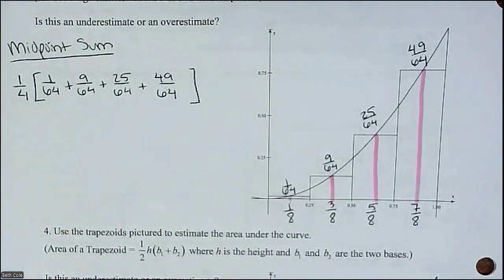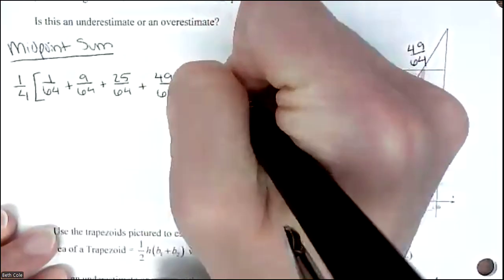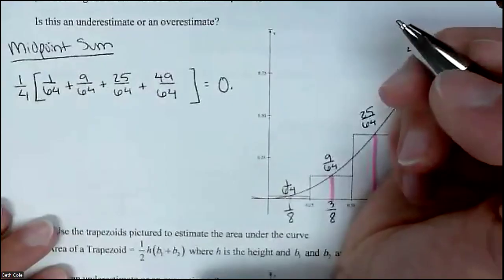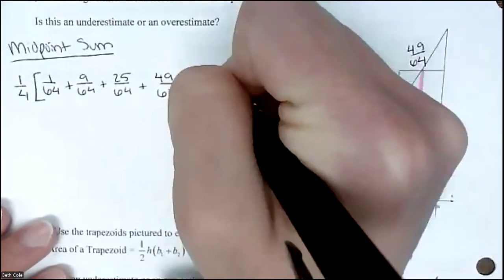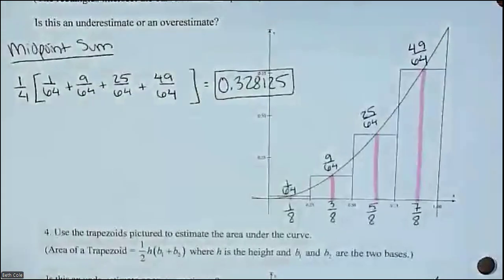So again, if there's 4 subintervals, you should have 4 numbers added together in your sum. And just so that you have it, this comes out to 0.328125, if you are interested in the decimal.